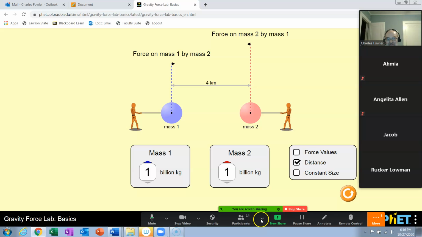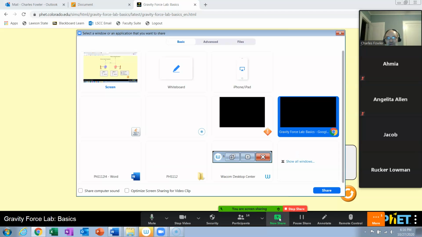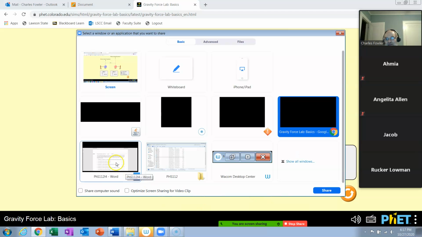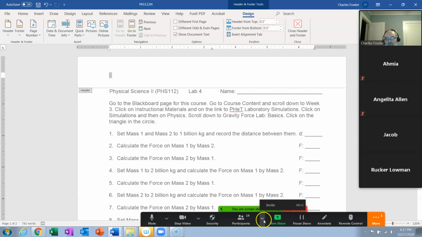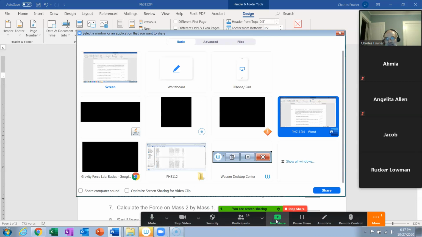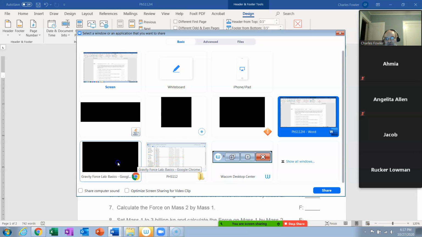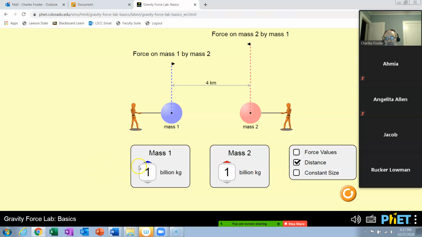Not necessarily. Let's go back to our lab, and it says set mass 1 to 2 billion kilograms and then calculate the force of mass 1 on mass 2, on mass 1 by mass 2. So what we're going to do here is go back to the Gravity Force Lab Basic, increase this to 2 billion kilograms.